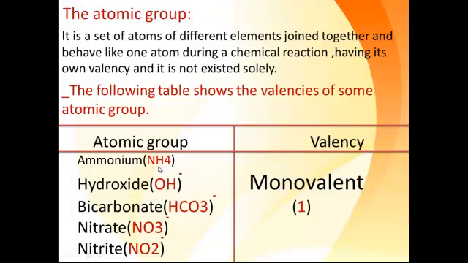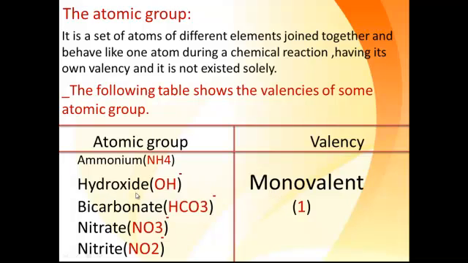The nitrogen atom joined with four hydrogen atoms forms a group called the ammonium group. This group during a chemical reaction behaves as one atom and has its own valency, which is monovalent.